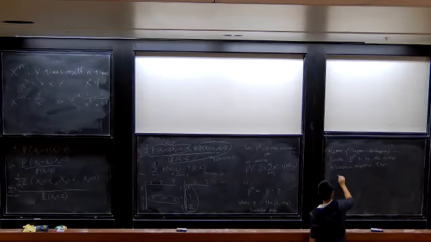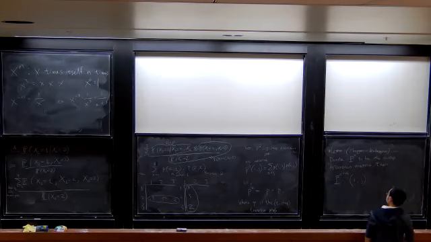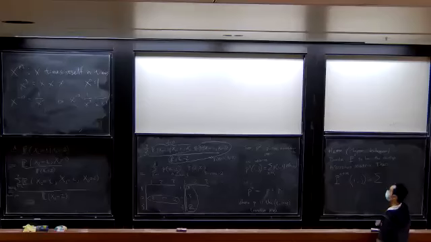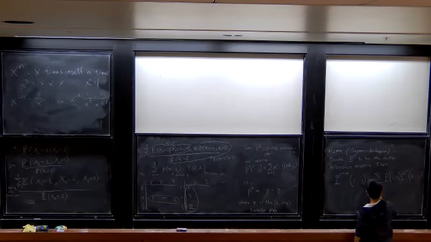P of n plus m, starting from i to go to j in this number of steps, is simply the summation of P n from i to some little x, and then from that x I go to j in the rest of m steps. So x, j, right?